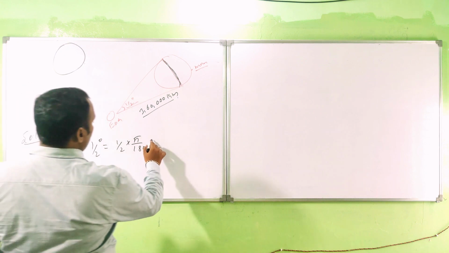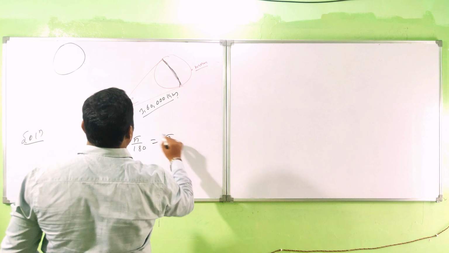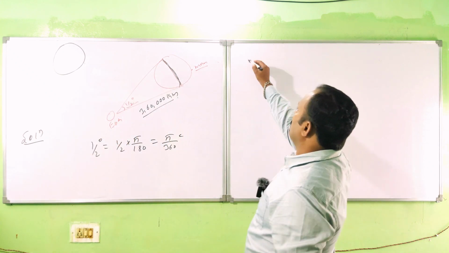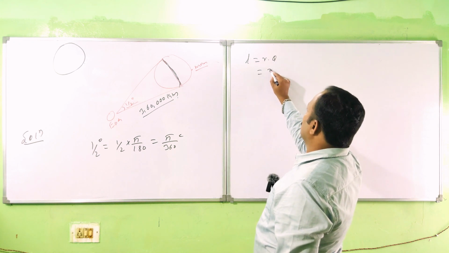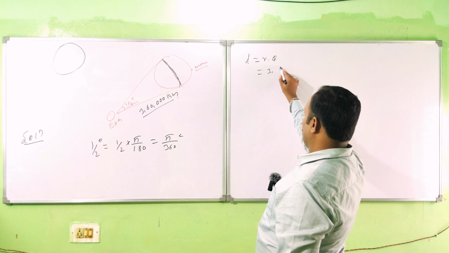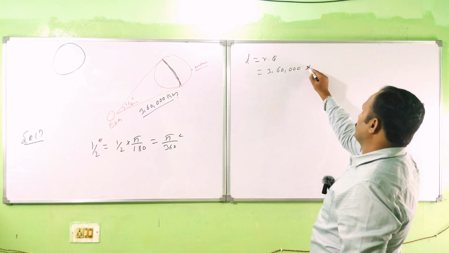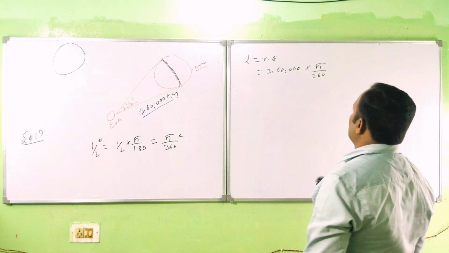So this becomes pi by 360 radians. Then the formula is L is equal to R into theta. L is 360,000 into pi by 360.